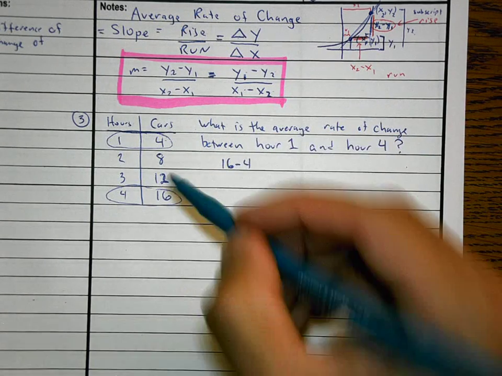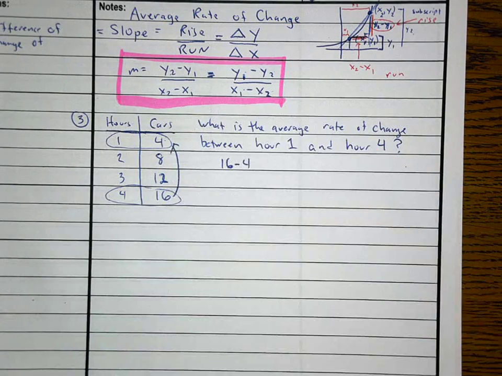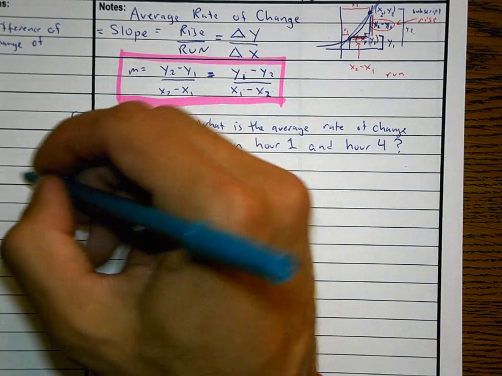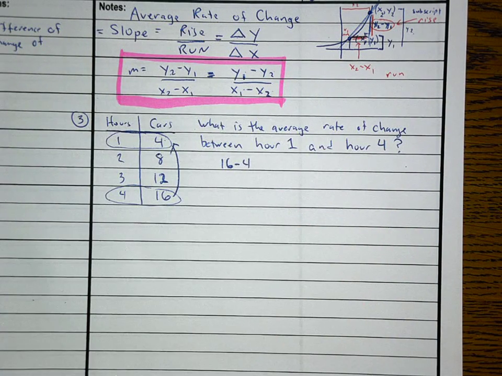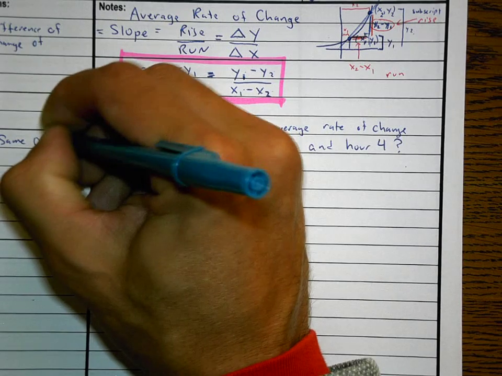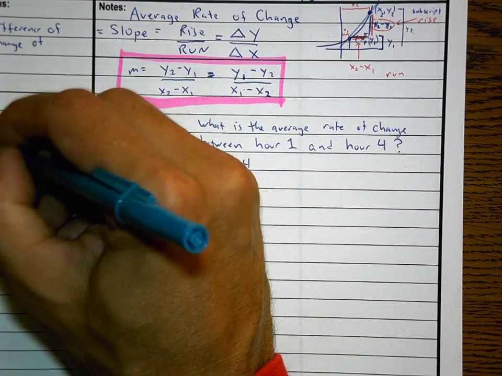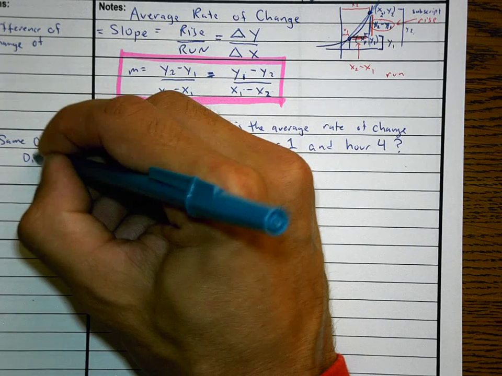Now, here's your warning. If you do 16 minus 4, if I do this bottom one subtracted by the top, you need to do the bottom one subtracted by the top for your x's. You need to do it in the same order. Same order matters, or same direction.